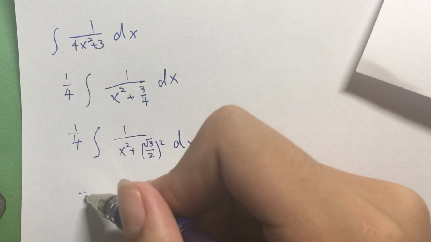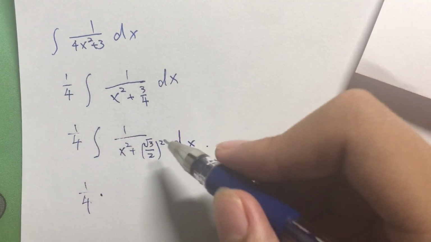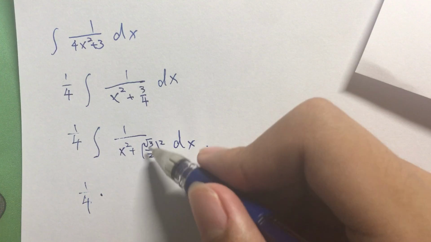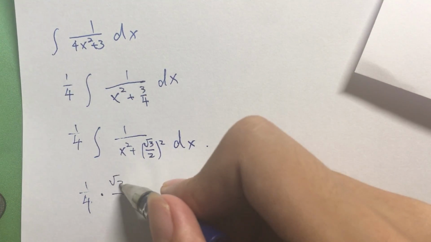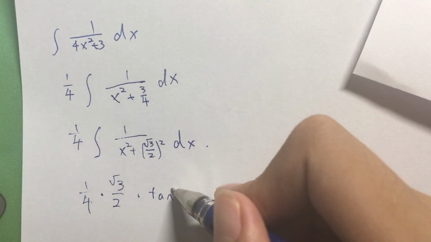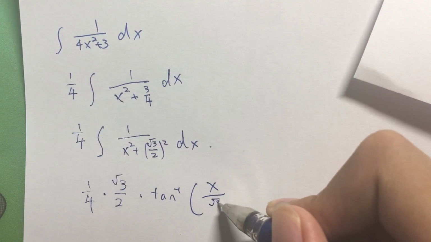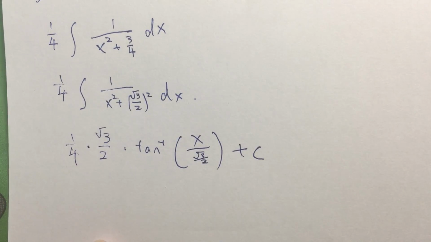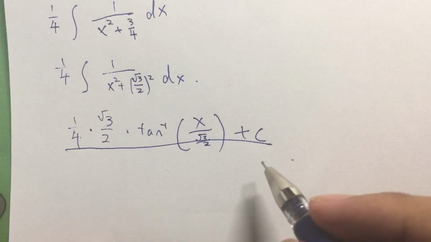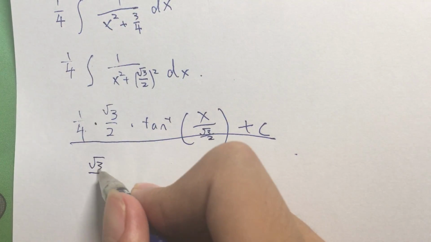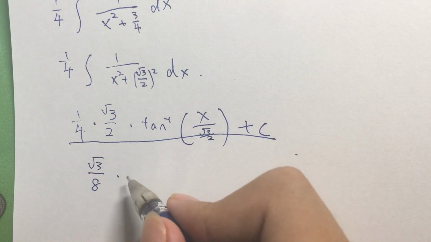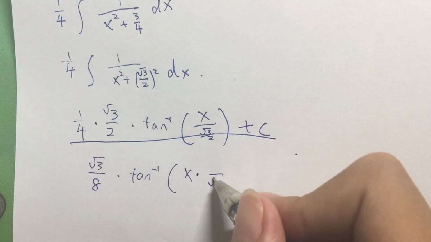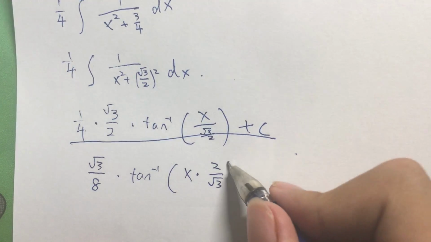And now we can do this, which is a quarter times, well, here we have 1 over square root 3 over 2 times inverse tangent x over square root 3 over 2 plus c. And that is our answer, but we just need to simplify this. So we have square root 3 over 8 times inverse tangent x times 2 over square root 3 plus c.